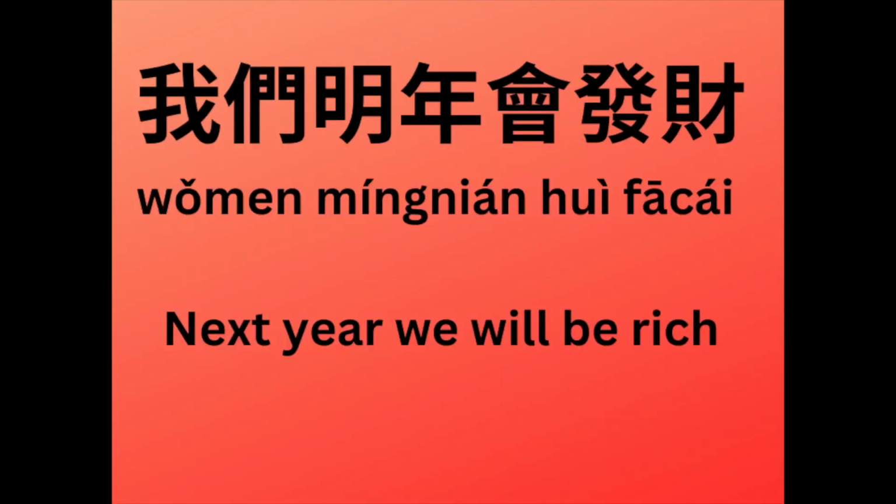But if you use 会, it means you are more sure that it is going to happen in the future. That's a distinction. 我们明年会发财。我们明年会发财。Next year, we are going to be rich.